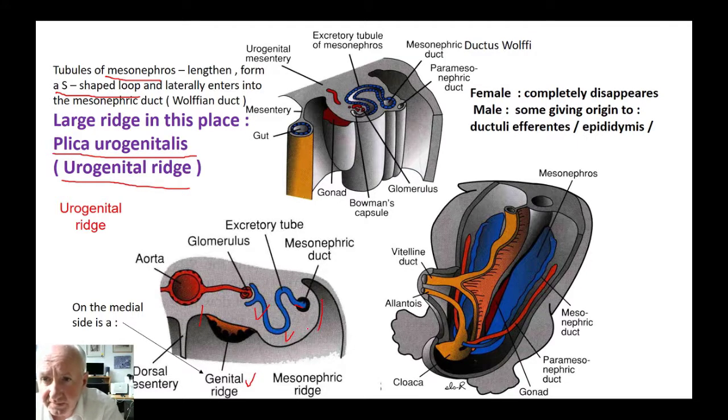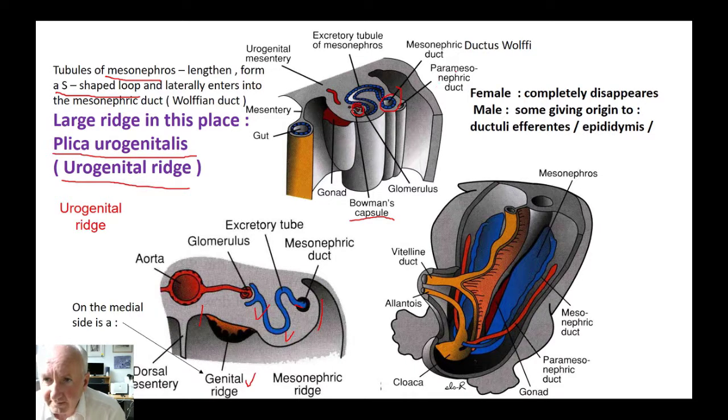Here you see once more how this S-shaped loop of the channel or tubule of mesonephros is opening into the Wolffian duct. And here is a small glomerulus. A very simple Bowman's capsule. So you see the function can be here in this moment.